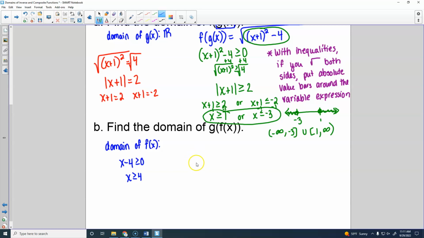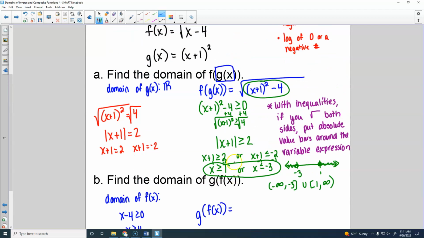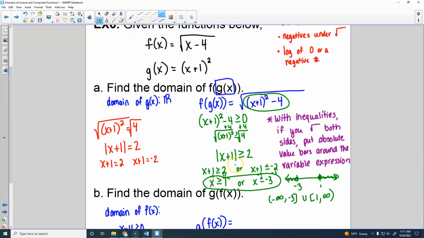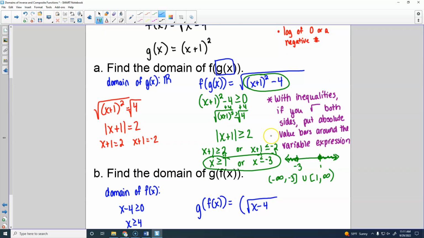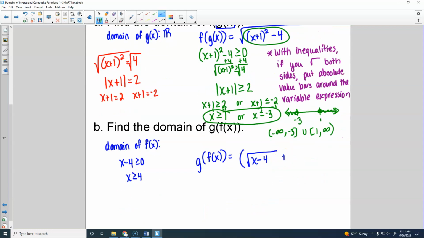Okay, so if we're doing g of f of x here, we would have the square root of x minus 4 plus 1, squared.